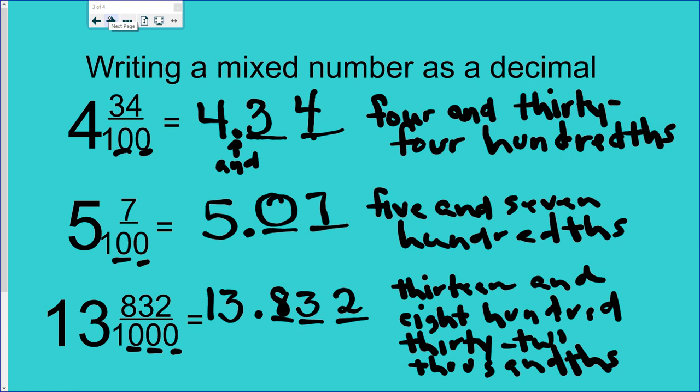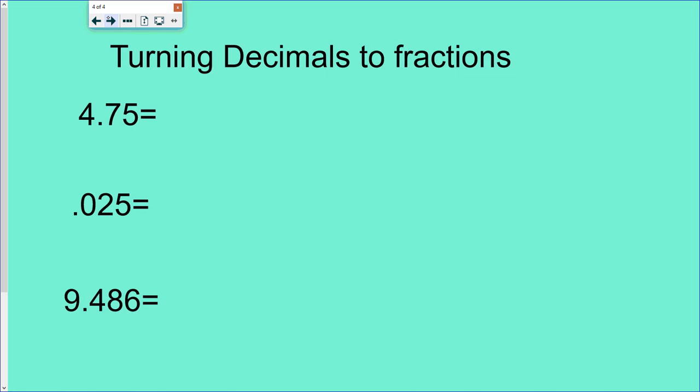Okay? The last thing we're going to look at is turning decimals into fractions. If I have a number before the decimal, that's my whole number. So we're going to write our 4 there. Here I don't have one, so I don't write one. Here I have a 9, so I'm going to have 9 there. All right, so I write that whole number.